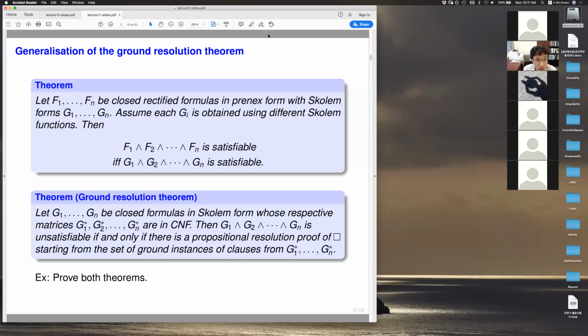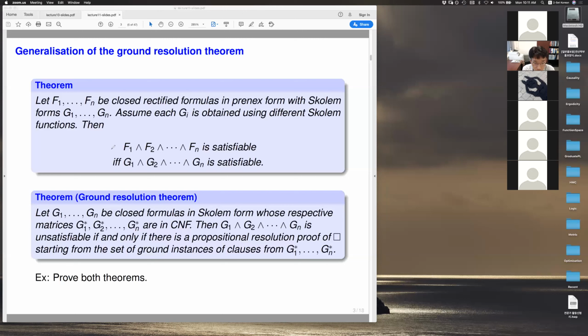Okay, so let me explain this. For the first case, first we have to see why this theorem says anything useful, what the real content of this theorem is. The content of the theorem is that if you try to just derive this theorem from the usual Skolemization theorem, we are in trouble.